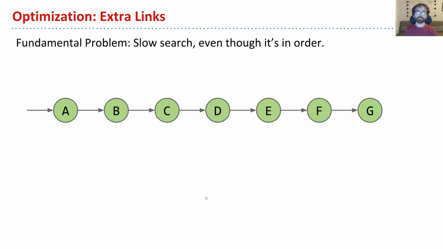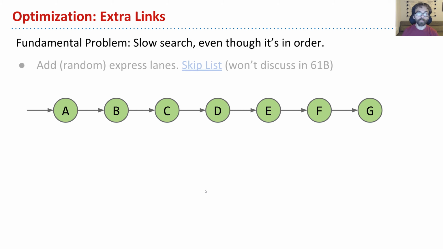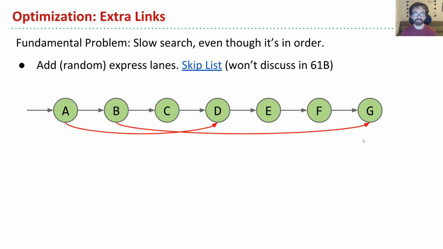So there's actually a lot of approaches to taking an ordered linked list set and making it better. And just to give you a sense of a slightly more exotic approach than the one we'll get to in a moment, we could add random extra links. So one optimization is I'll say, well, A, you have some extra links. Maybe A goes to D, and B has an extra link to G, and you can have maybe 5 links coming out of A to various points in the list.